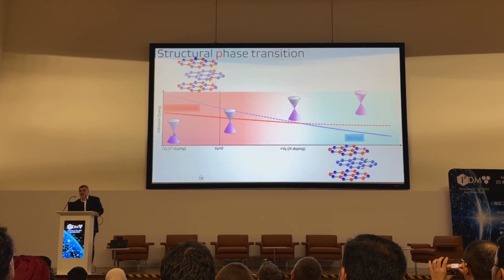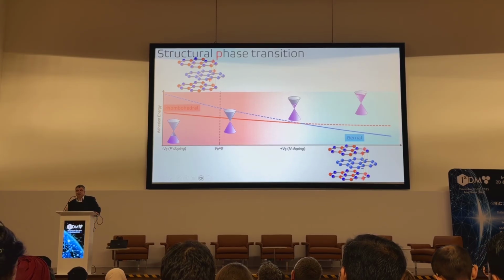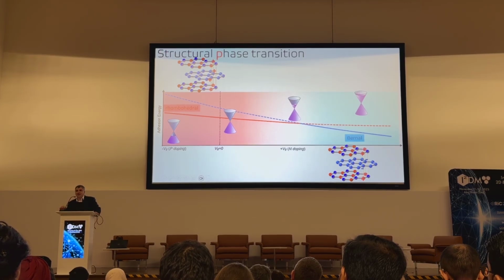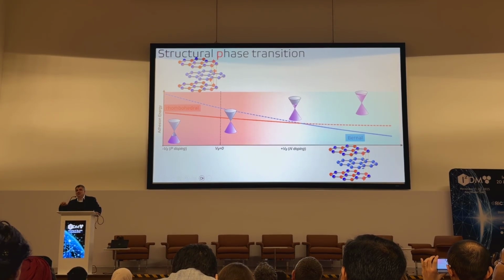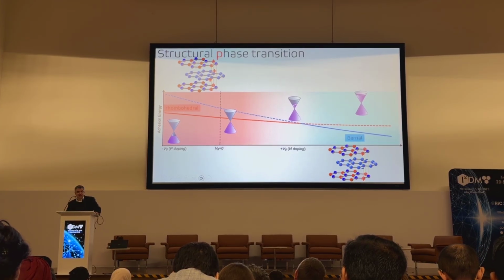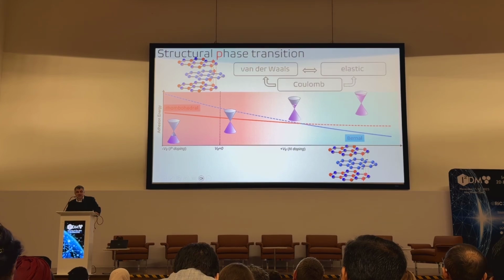So that's basically the nature of our transition. So here we use Coulomb charges on our graphene, which controls the interaction between graphene and boron nitride. That's in essence how we drive these electronic transitions.